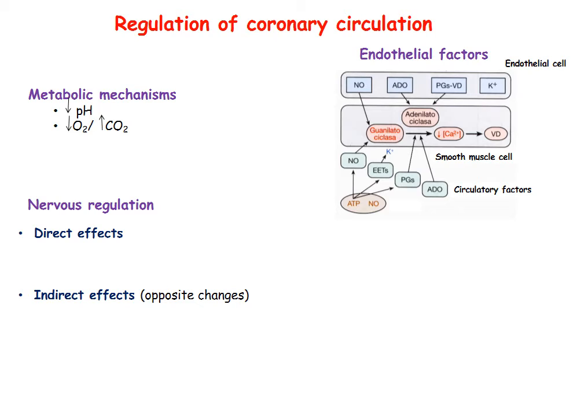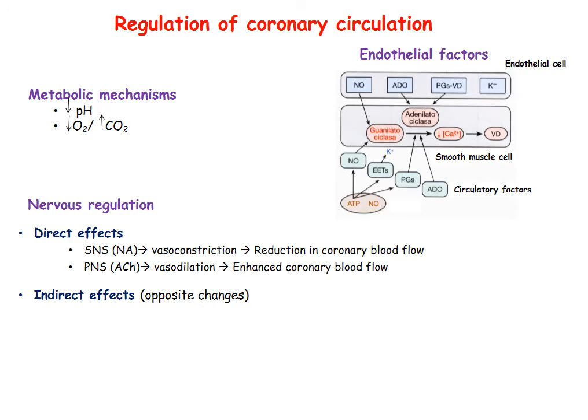The parasympathetic and sympathetic nervous system also play a relevant role in the regulation of coronary circulation. This nerve regulation can produce both direct or indirect effects in the coronary circulation. The modifications produced by the direct and the indirect effects are opposite.